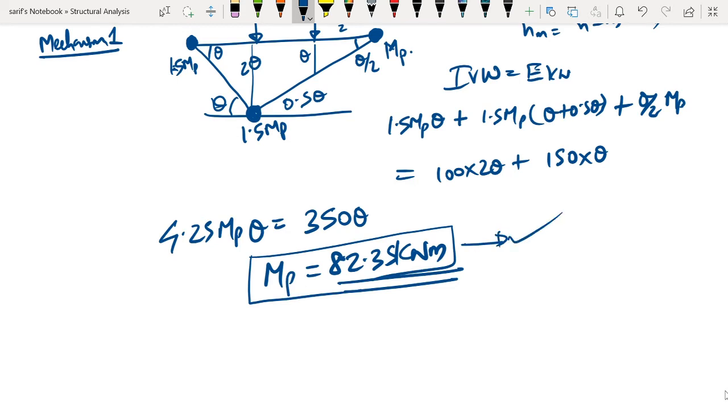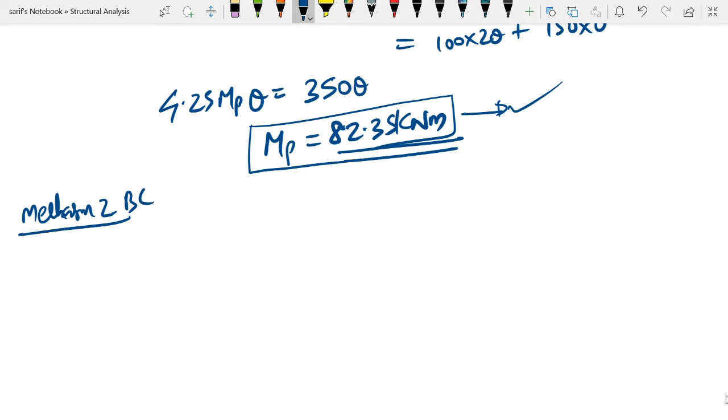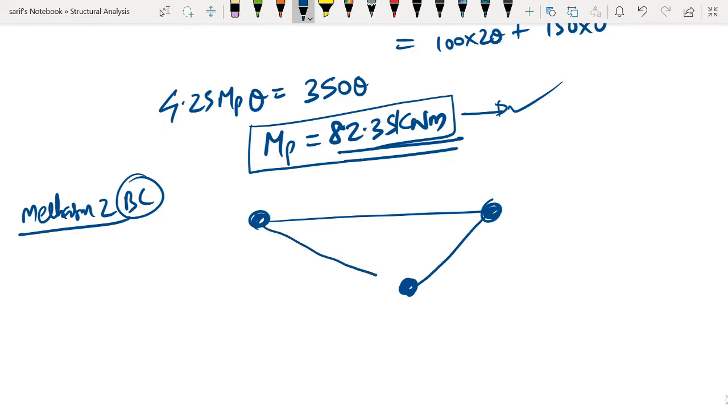So as per mechanism 1 for the span BC, this is the value of MP required. Now we have to go for mechanism number 2 for the span BC. Here we will consider the plastic hinge being formed below the 150 kilonewton load. If this angle is theta, this distance would be 2 theta, and this angle becomes 2 theta divided by 4, that is theta by 2, and this distance becomes theta by 2 multiplied by 2, that is theta.